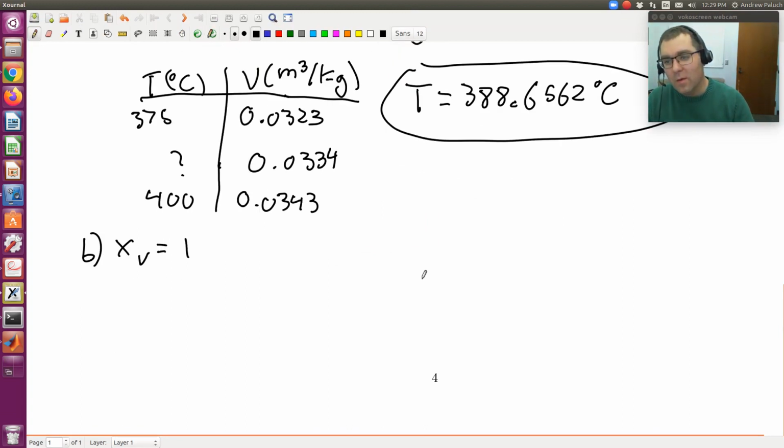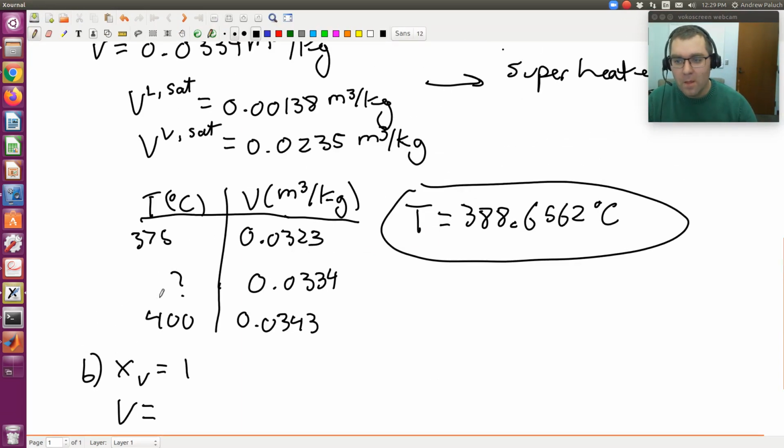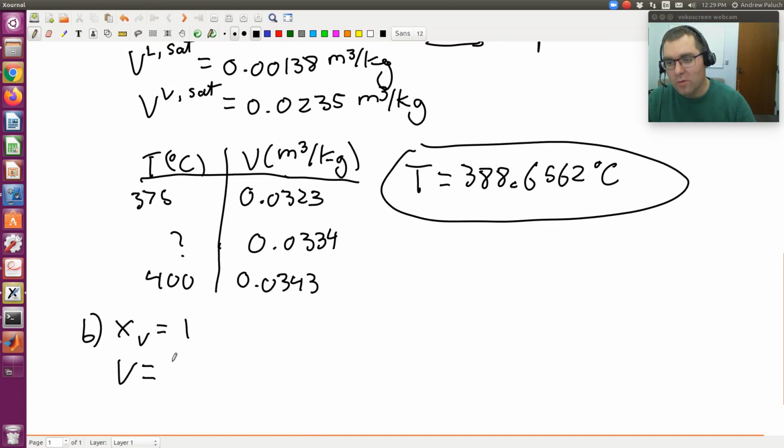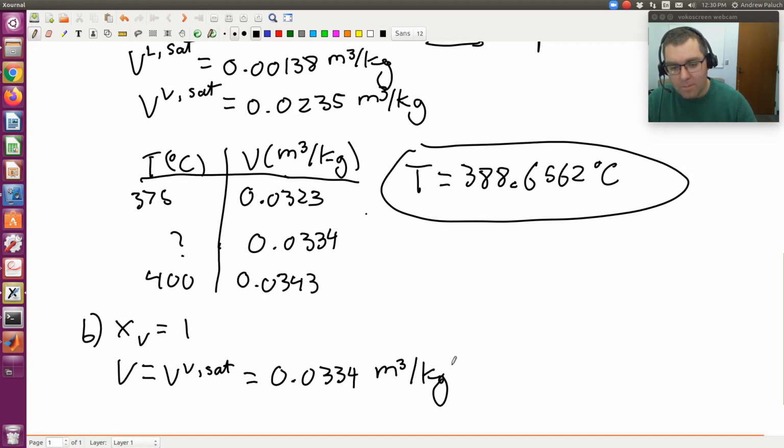Again, I'm going to assume that my specific volume isn't changing, so my specific volume, which is now equivalent to the specific volume of my vapor at saturation, is equal to 0.0334 meters cubed per kilogram.